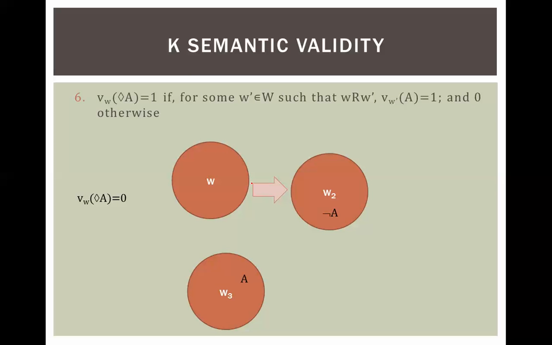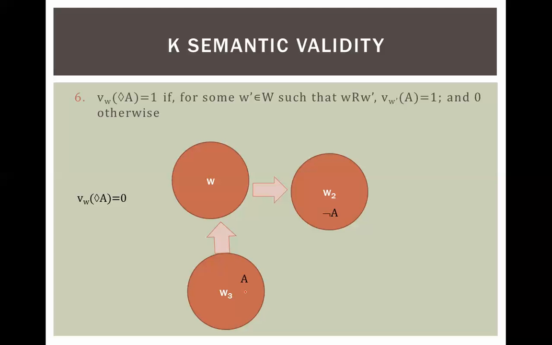Here's a case where possibly A is false: if there is no world that W is related to in which A is true. There is a world where A is true, but W doesn't relate to that world, so it's not accessible to W. So in all the worlds that W can access, A is not true, so possibly A is not true at all.